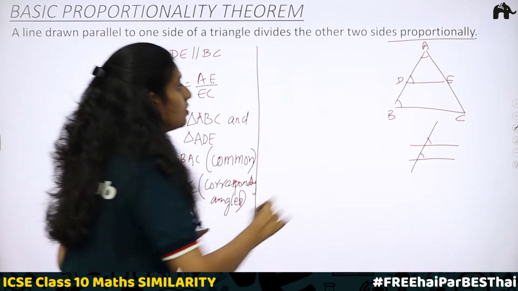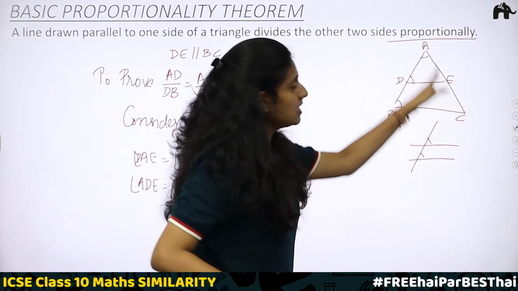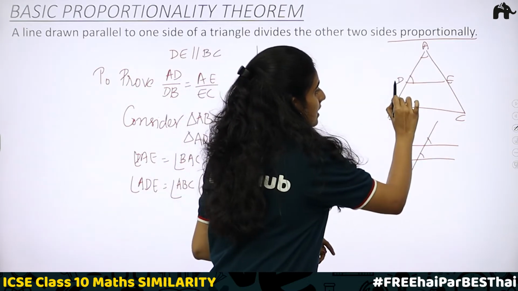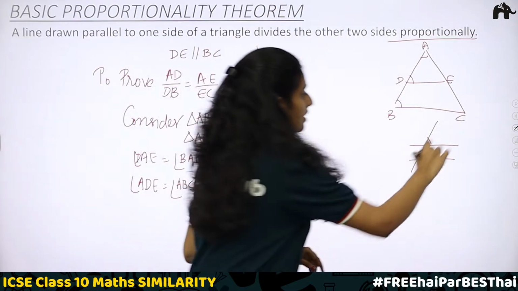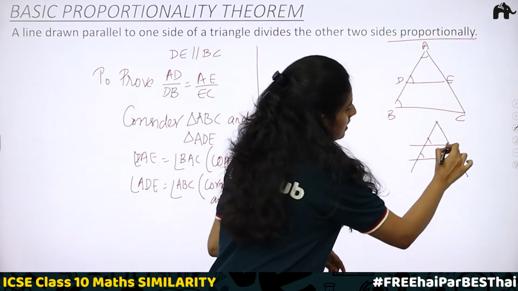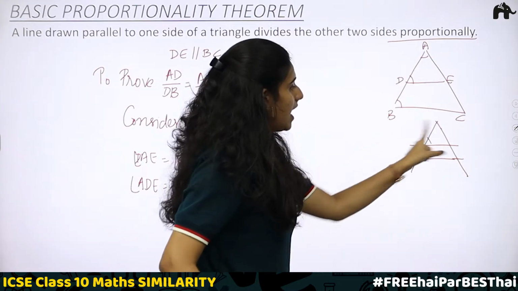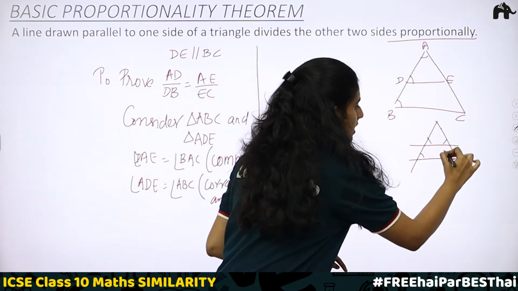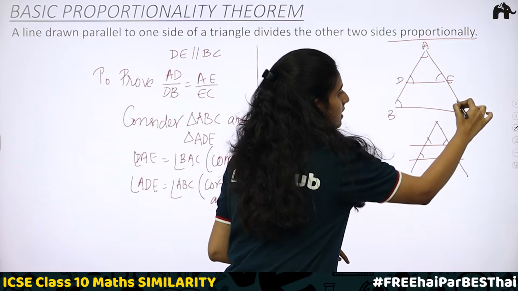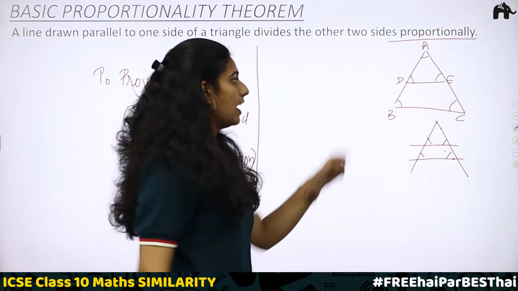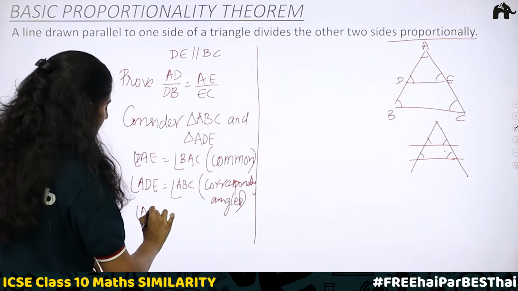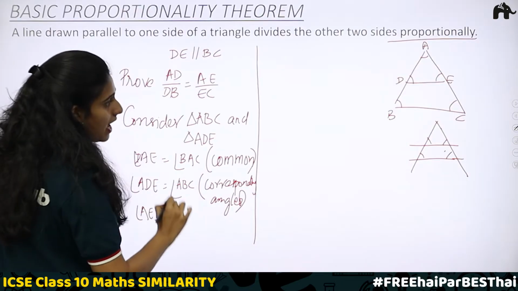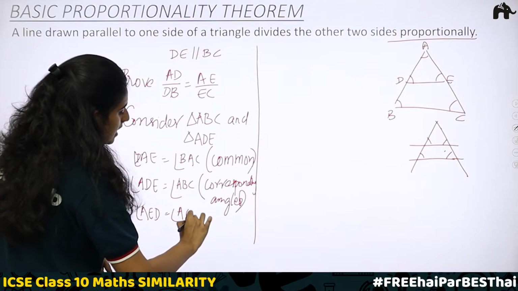Now, when you take the other transversal, considering the lines DE and BC, AC is the transversal. It cuts the lines DE and BC. So, these two angles will be equal. Again, they are corresponding angles. That is angle AED is equal to angle ACB.